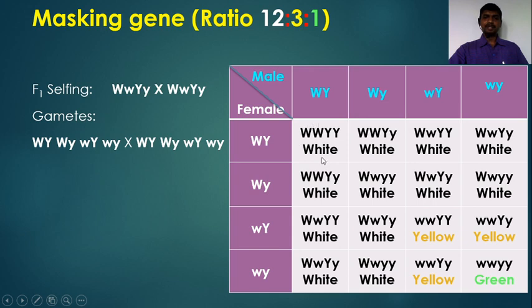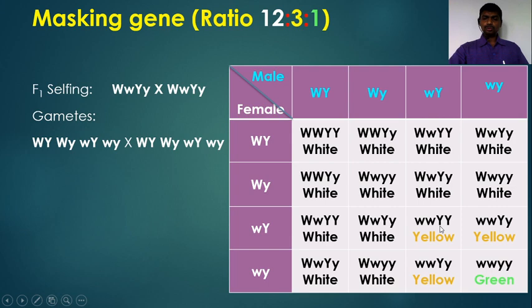The phenotype is white. Here also white, because the W and Y in this genotype are dominant. Here also W and Y are dominant. So when both the alleles are dominant in a genotype, we get the white phenotypic expression. But in this case, this W is small and Y is capital.